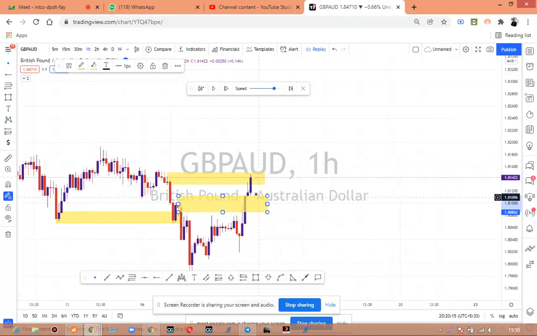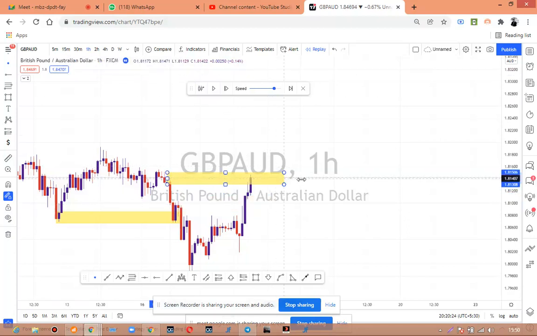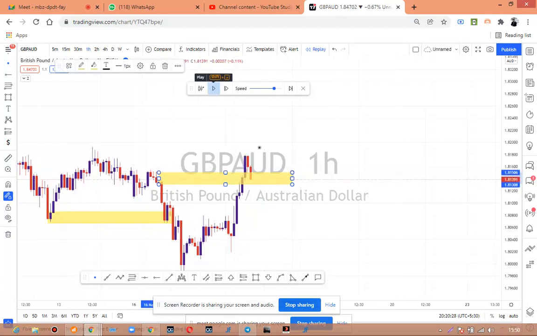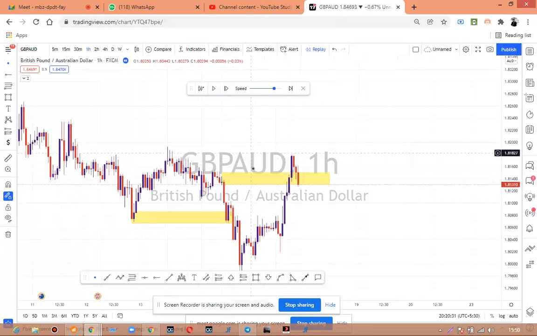Okay, the market headed towards the second supply zone, which means the market is not respecting this supply zone. So now what I have to do is wait for any reversal candlestick. Okay, no reversal candlestick. The market is still going up.